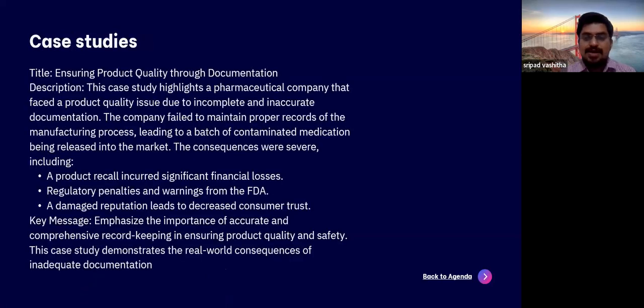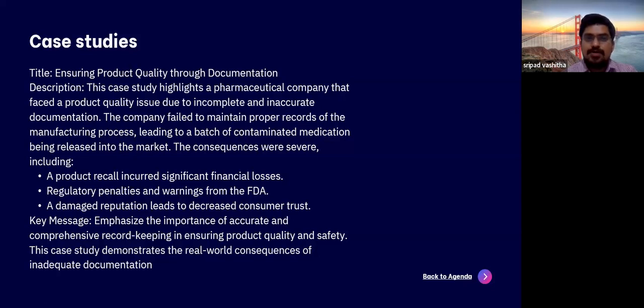So I will just go through quickly and not spend more time on the case studies here, frankly. What is this case study all about? Ensuring product quality through documentation. To describe this case study, a pharmaceutical company faced product quality issues due to incomplete and inaccurate documentation. It failed to maintain proper records in the manufacturing process, which led to a contaminated batch being released to the market.